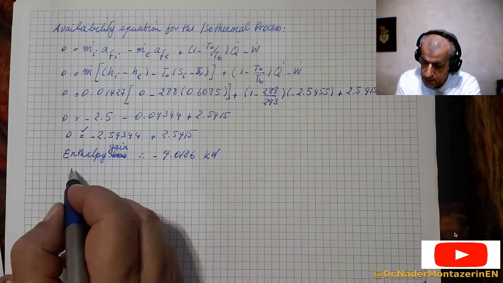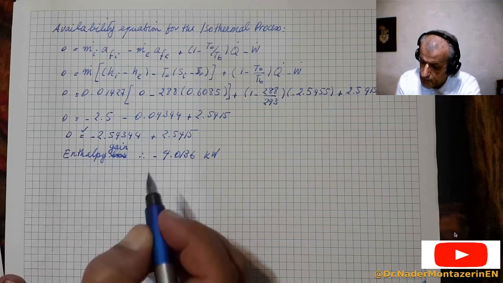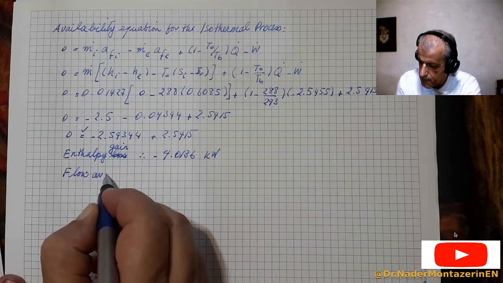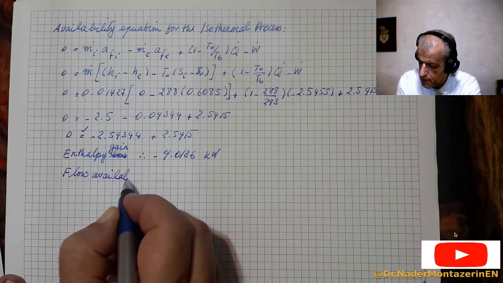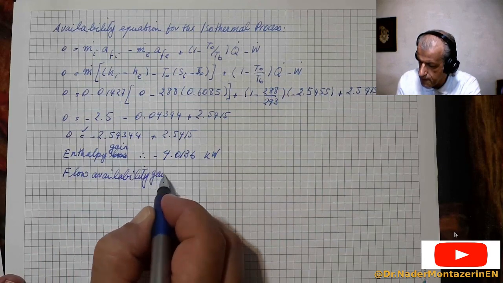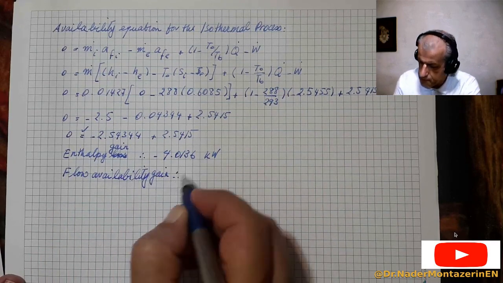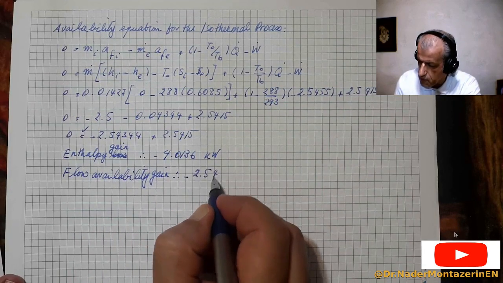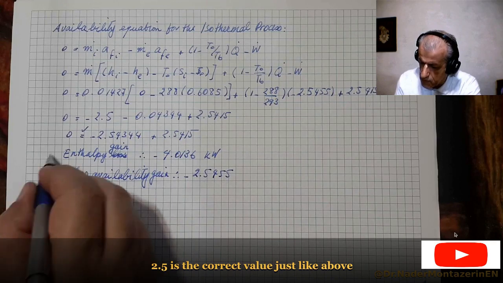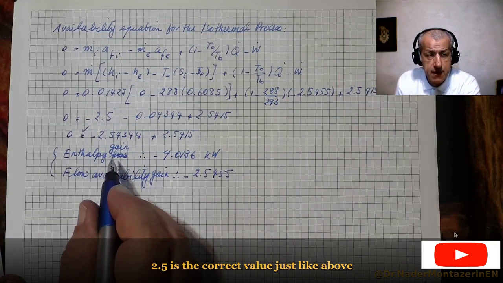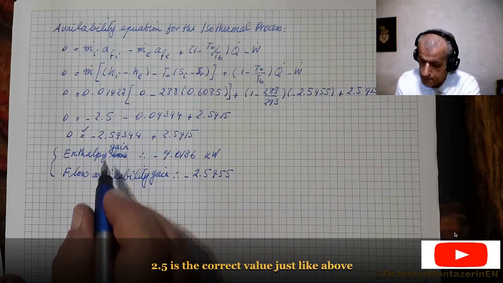Flow availability gain is minus 2.5455. So flow availability gain is less than enthalpy gain.